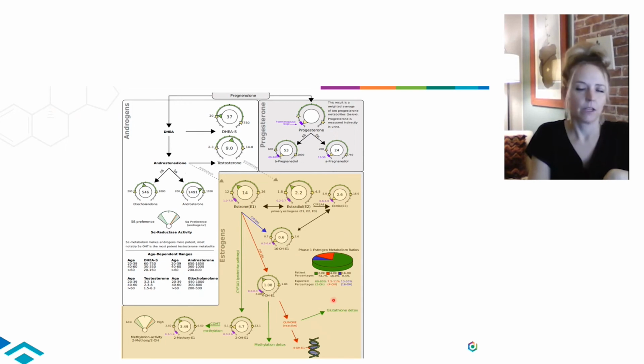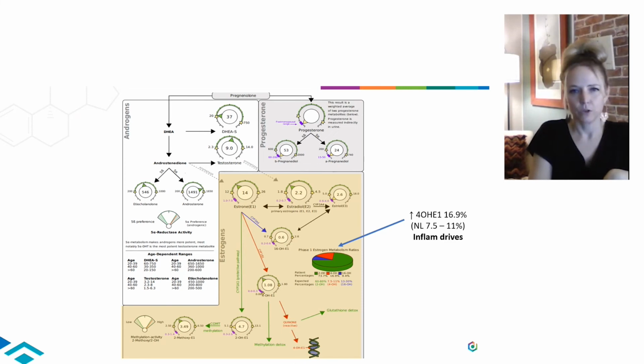All right. So we know that our phase 1 metabolism activity is a little bit aberrant. And what drives this CYP1B1 activity, and probably why we see it more expressed in fat tissue, is that inflammation drives CYP1B1 activity. So that could be one area that we could address, inflammation, to bring this 4-hydroxy estrogen predominance down.